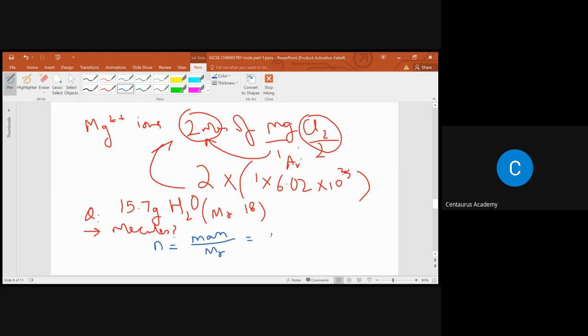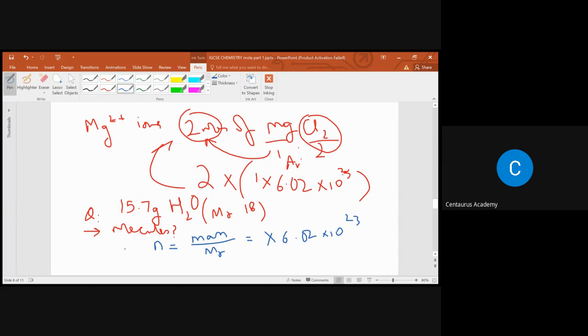This number of moles will then be multiplied by Avogadro's constant, 6.02 into 10 to the power of 23, to find the total number of water molecules present in 15.7 grams of water.